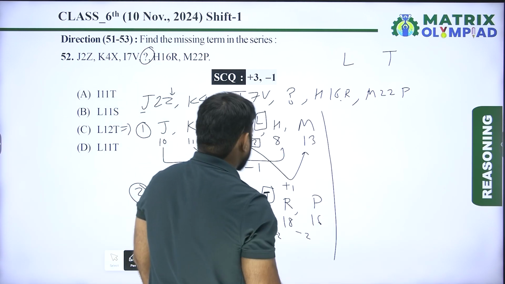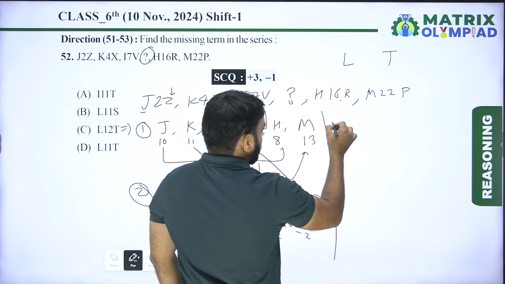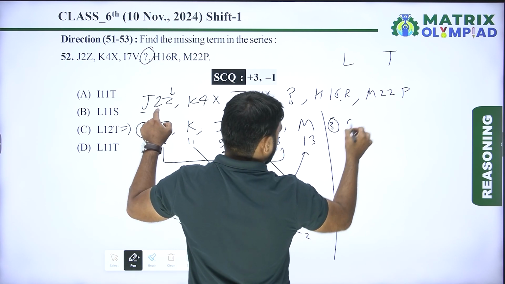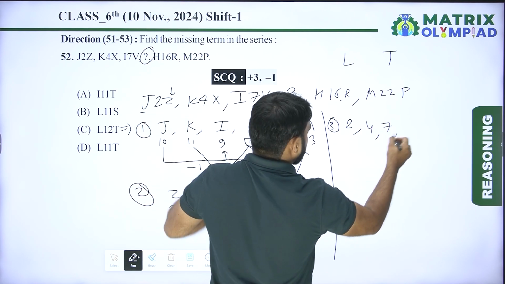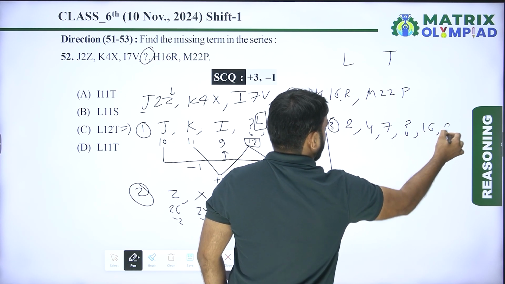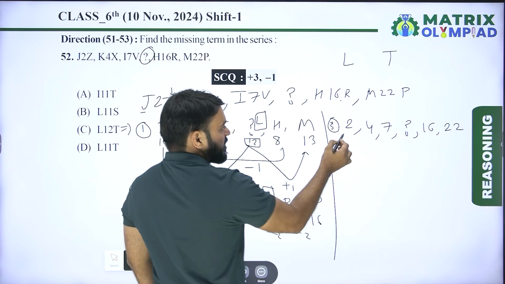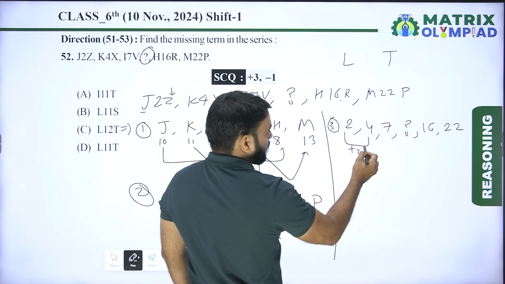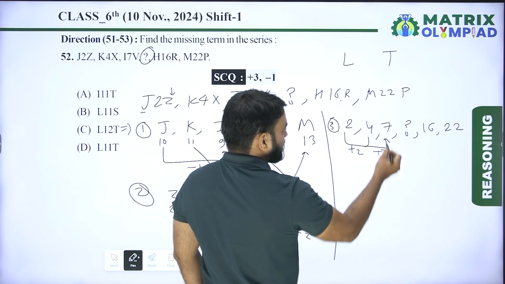Now check the number series. The number series is 2, 4, 7. After 7 next is missing. After missing next is 16. After 16 next is 22. Now check the pattern. 2 plus 2 is 4. 4 plus 3 is 7.